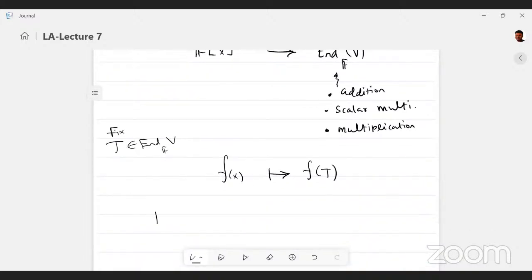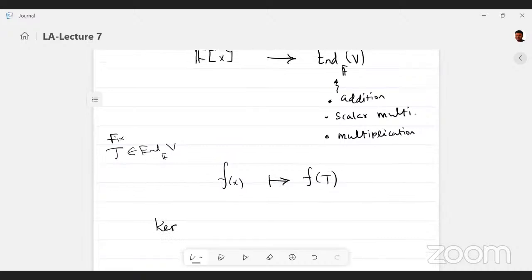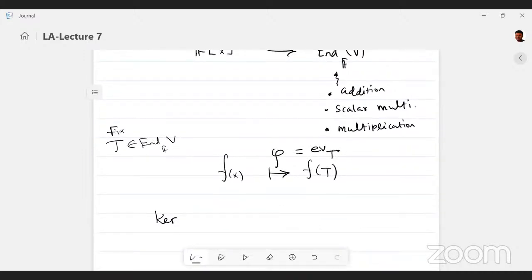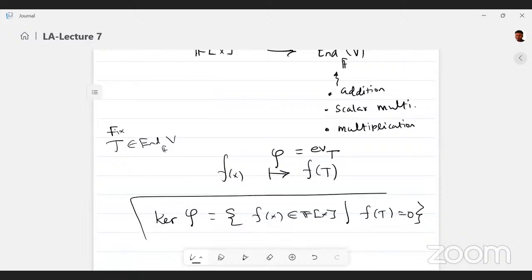So I can talk about the kernel of this map, let me call it phi. This phi is the evaluation, usually written ev_T, meaning evaluation at T. The kernel of this map consists of those polynomials in F[x] such that f(T) equals 0.